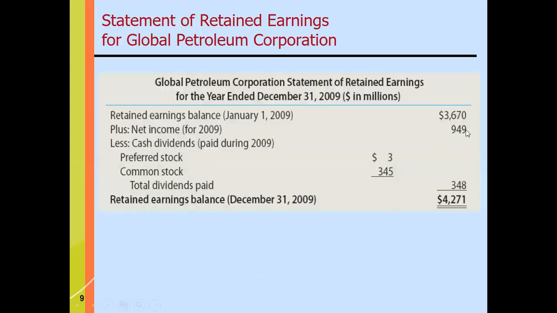It increased: beginning is 3,670, ending is 4,271. What is the cause of the net increase? The net income and the deductions for the cash dividends for preferred and common. The net amount is then the increase in retained earnings.